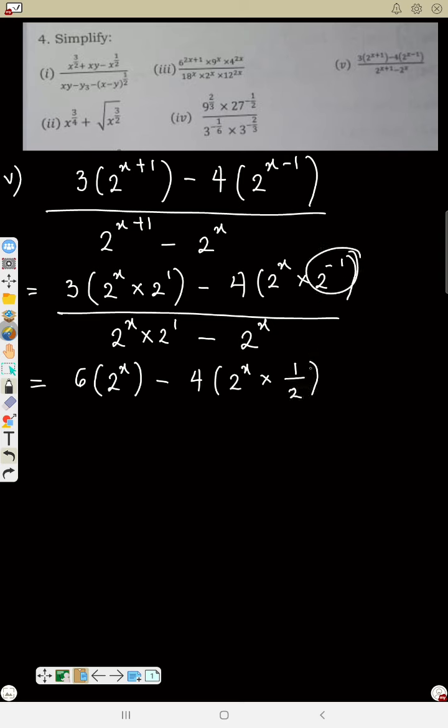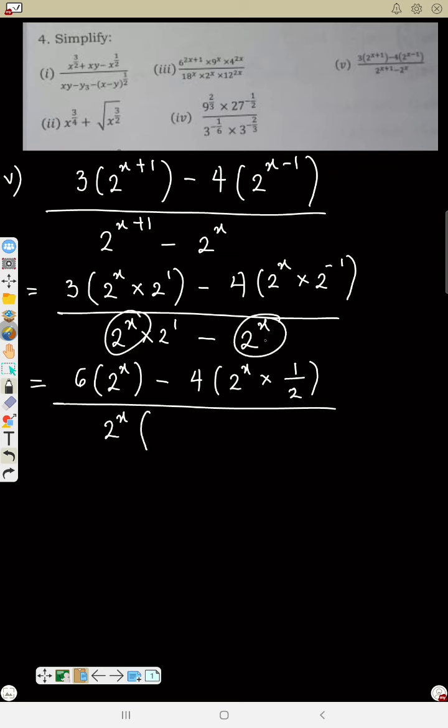Because 2 raised to the power minus 1 is 1 over 2. Everything divided by, here, 2 raised to the power x is common to both sides. So if you take 1 out, it remains 2 here, then minus 1. So this is 6 brackets 2 raised to the power x minus 4.